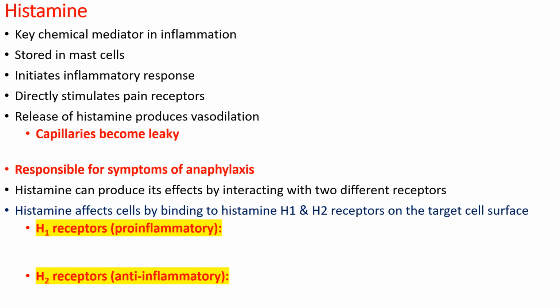However, the anti-inflammatory, which is type 2, histamine receptor, H2 receptor, is located in the parietal cells of the stomach mucosa. So it's in the GI tract and the parietal cells of the stomach mucosa.